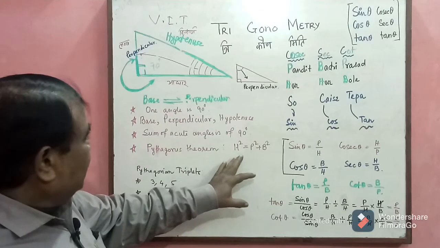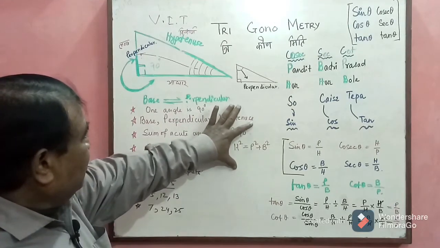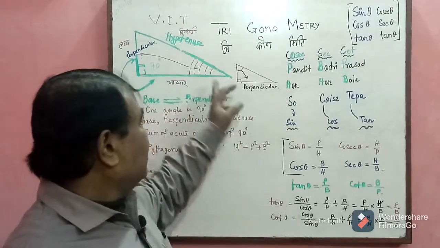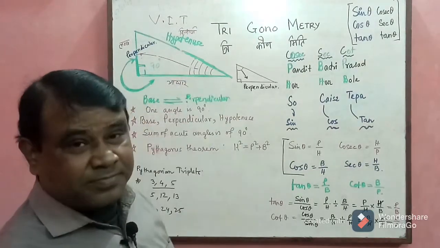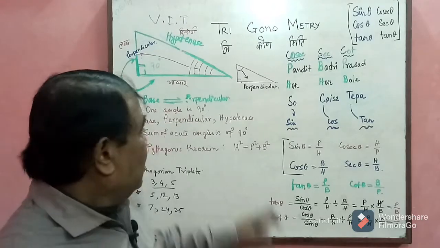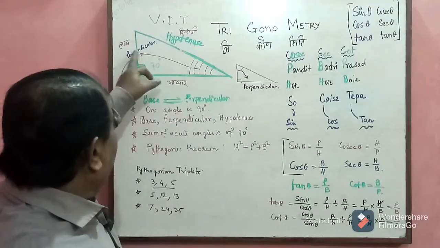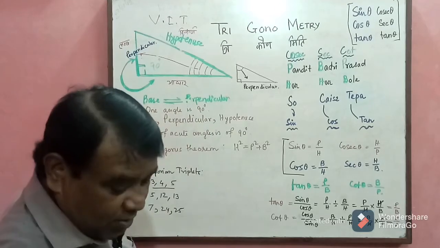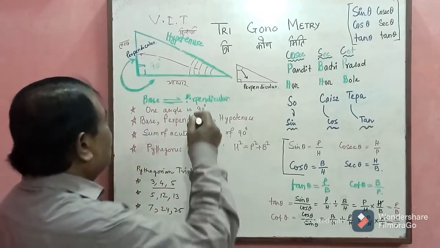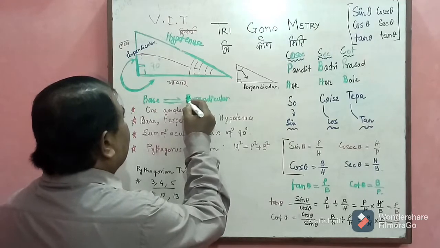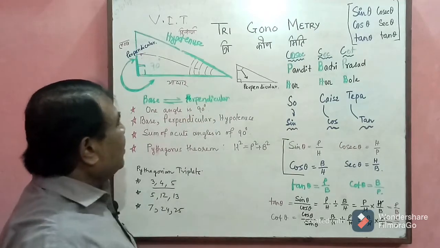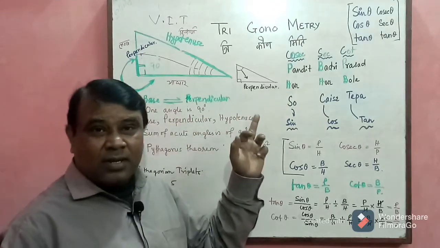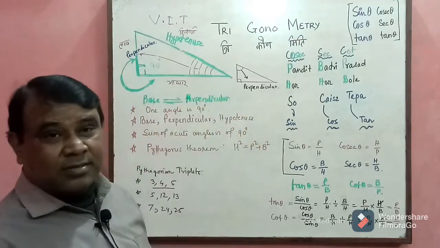And apart from this, we have to know the angle which we are measuring. The side opposite to that angle will always be perpendicular. That means base and perpendicular, these two vary from time to time depending on the angle we are considering.